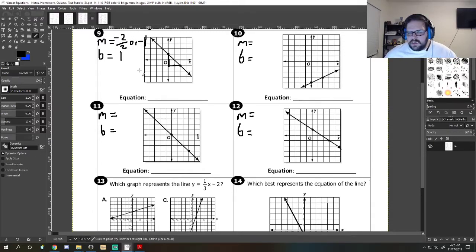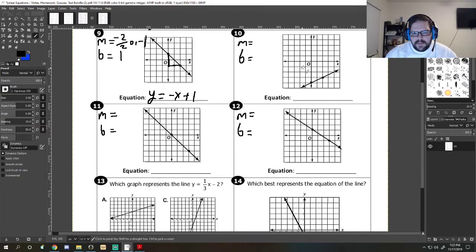And the reason that's -1 is because, again, you've got 2 out of 2 of something, so you're going to have the whole. So that means that our equation is going to be y equals -x plus 1. Or, like I said, it could be -1x. Either way would work fine.